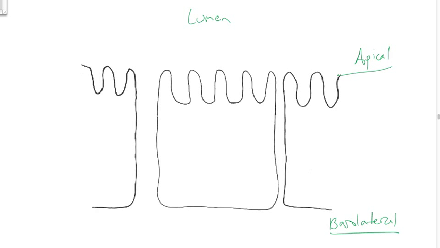The other thing I asked you to draw was where are the tight junctions. Now remember that tight junctions are these transmembrane protein pieces that essentially link two cells to each other. Okay, so they're a form of cell-to-cell linkages. But they also do a variety of other things. One thing they do is they prevent all of the fluid that's in the lumen from getting in between the cells and going into the bloodstream.